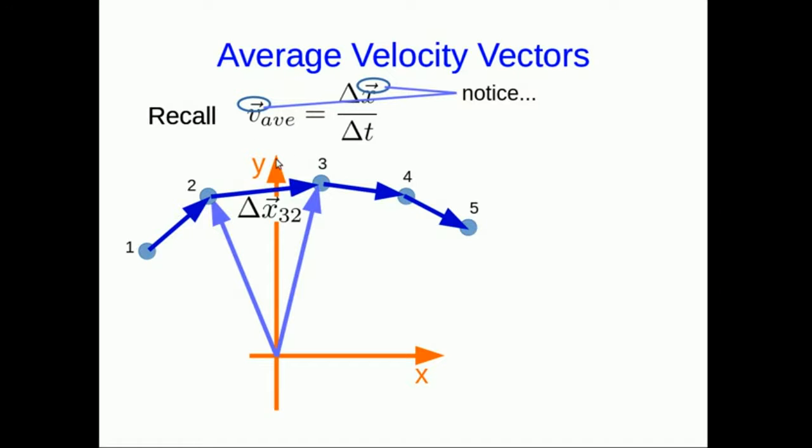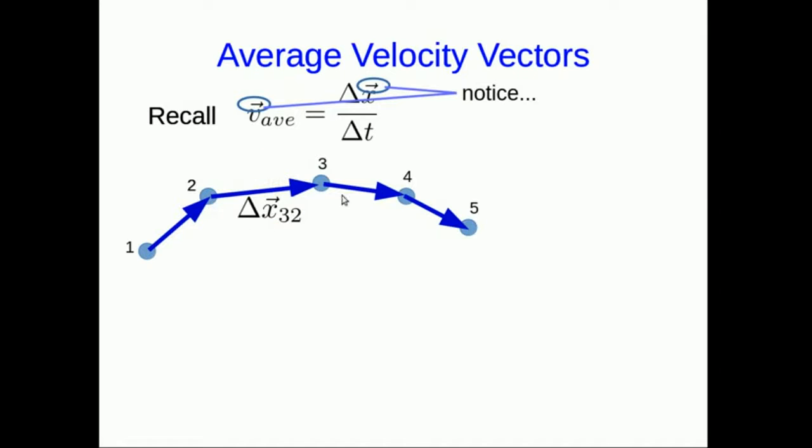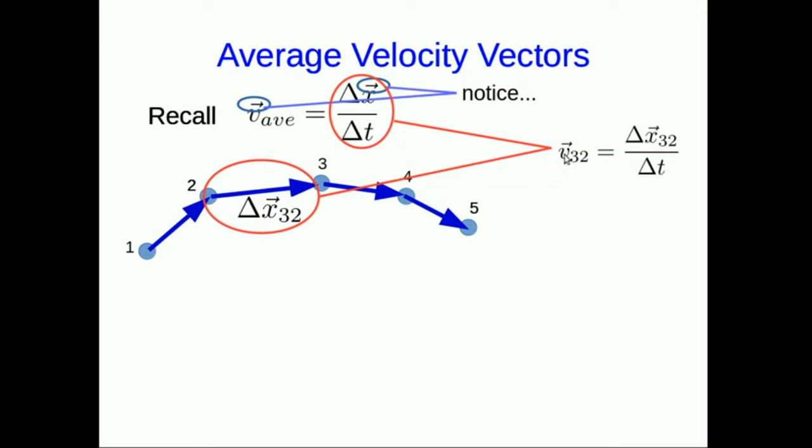Now the other thing I'm going to do is this tells us we're working entirely in terms of displacements. And so we don't care about the positions, and displacements are independent of our coordinates, so we can get rid of all that. Now, how are we going to go about doing that? We want to take this displacement and get a velocity from it. So we'll get this velocity v32, and maybe I should write v_av32, but there is such a thing as too many subscripts.